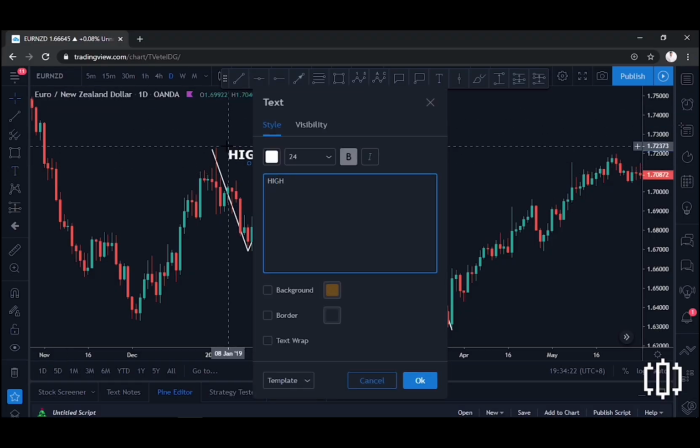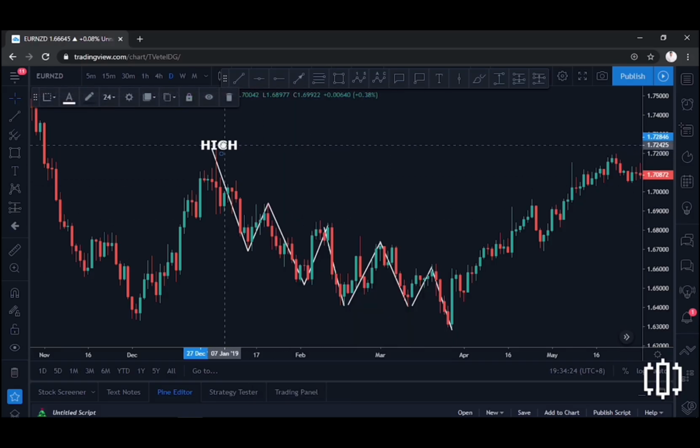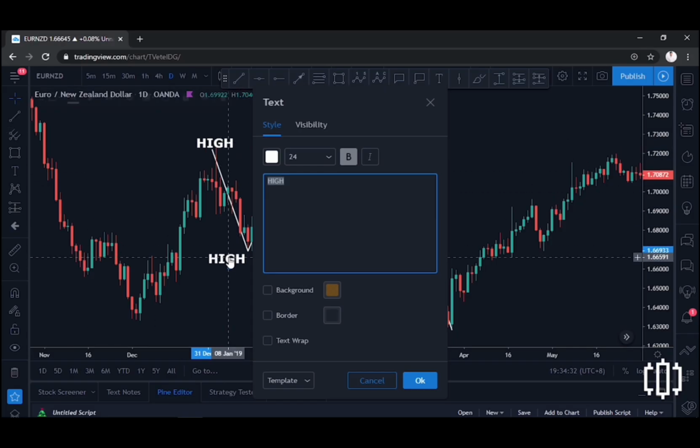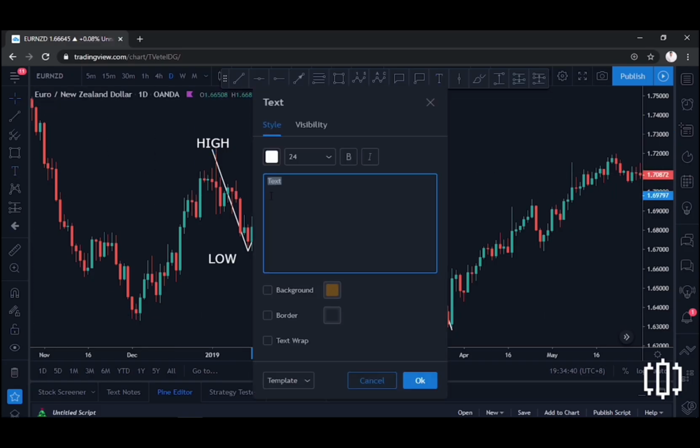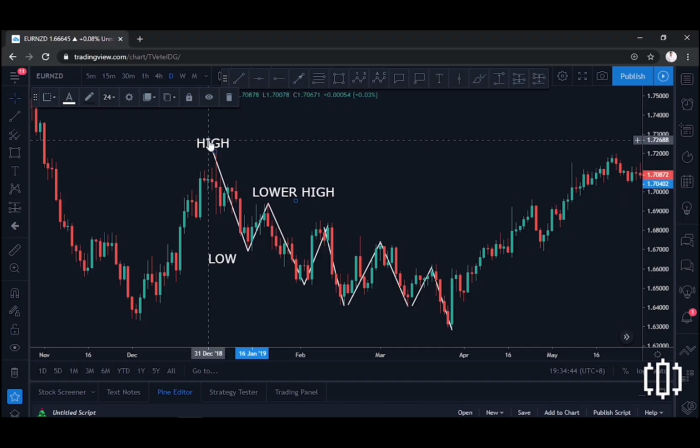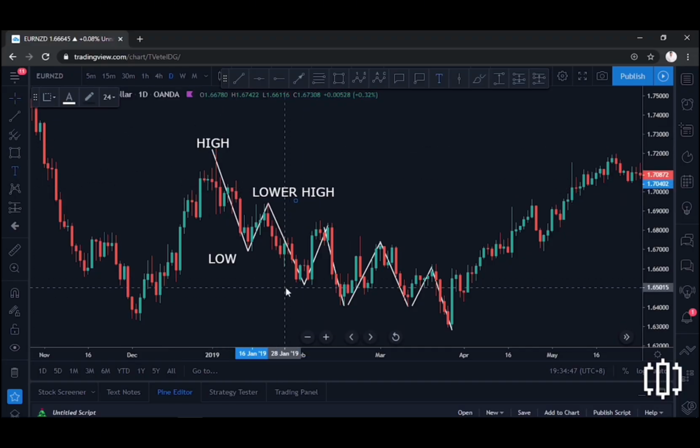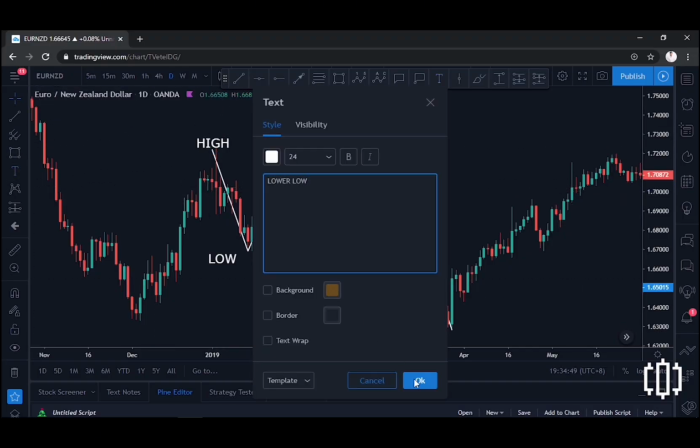So this is your high. Okay? Ito. Okay, this is gonna be your low. Okay? So this is your lower high. Right? Because it is lower than this. This is your lower low.